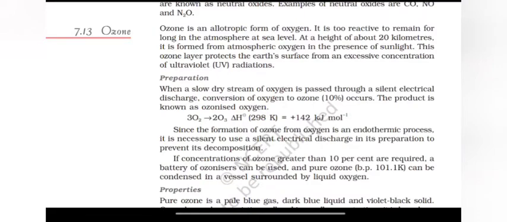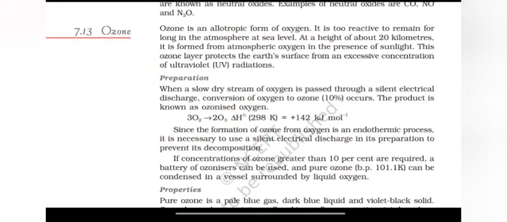Preparation. When a slow dry stream of oxygen is passed through a silent electrical discharge, conversion of oxygen to ozone (10%) occurs. The product is known as ozonized oxygen. 3O2 gives 2O3.